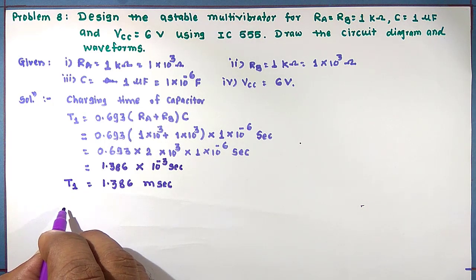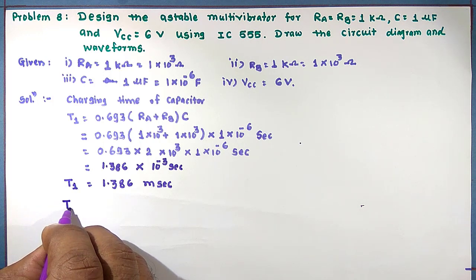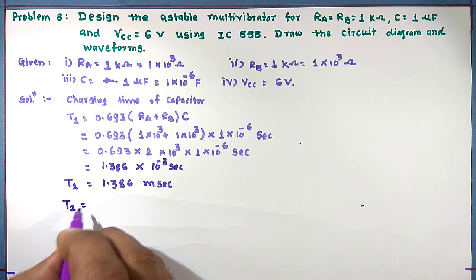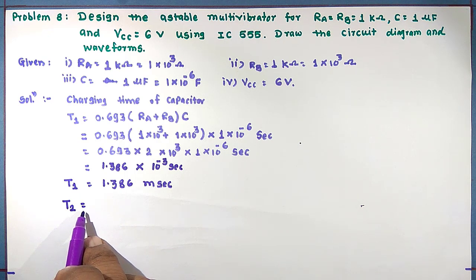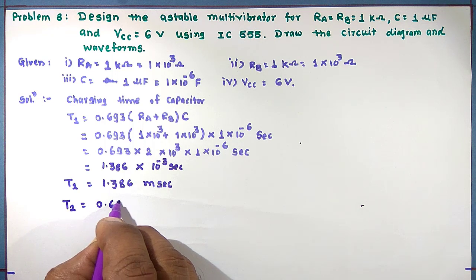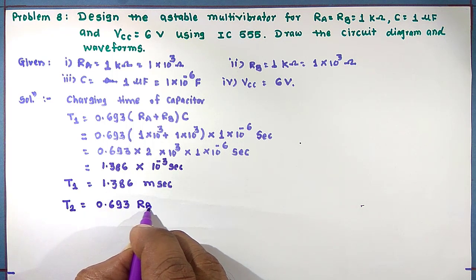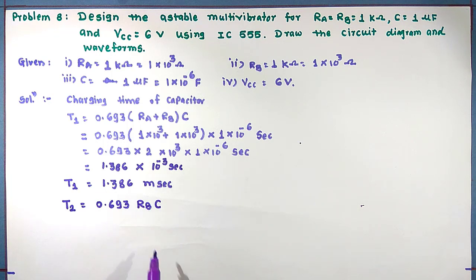Now the discharging time of a capacitor, which is given by T2, it is also called as T low, is given by 0.693 into RB into C, because capacitor discharges through resistor RB only.